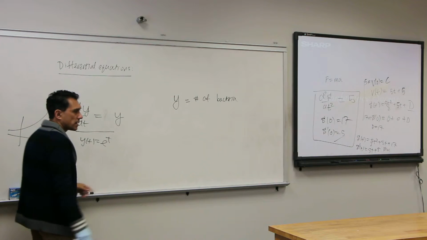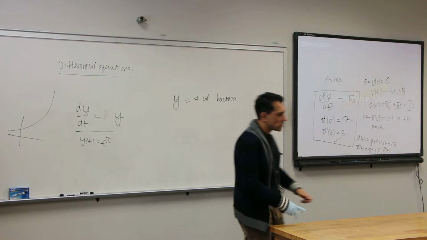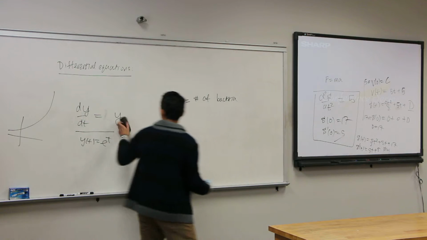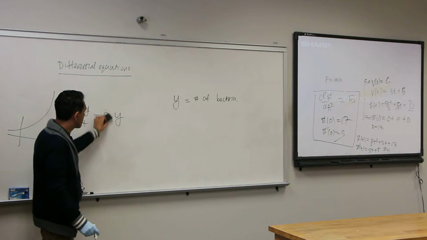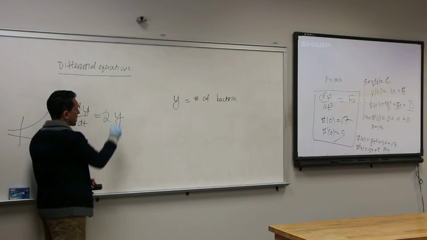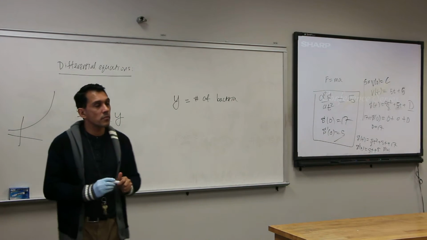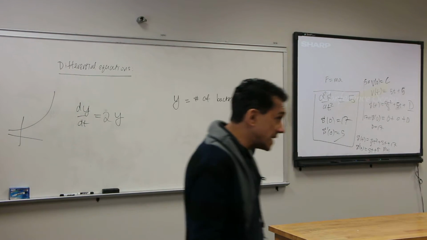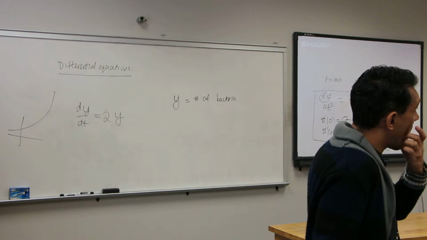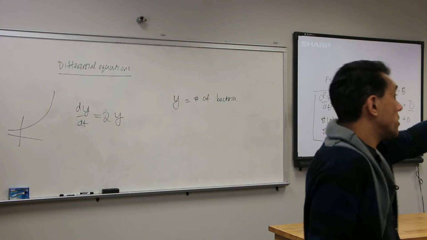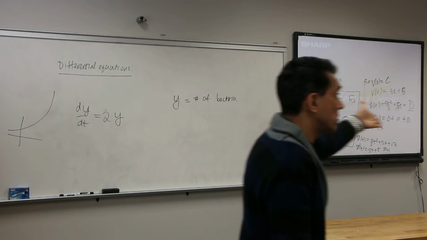Okay. Now, we all know that there's a constant of proportionality. It could be 2. Now, this is telling me the speed at which the population is changing, and I want to know the population as a function of time.